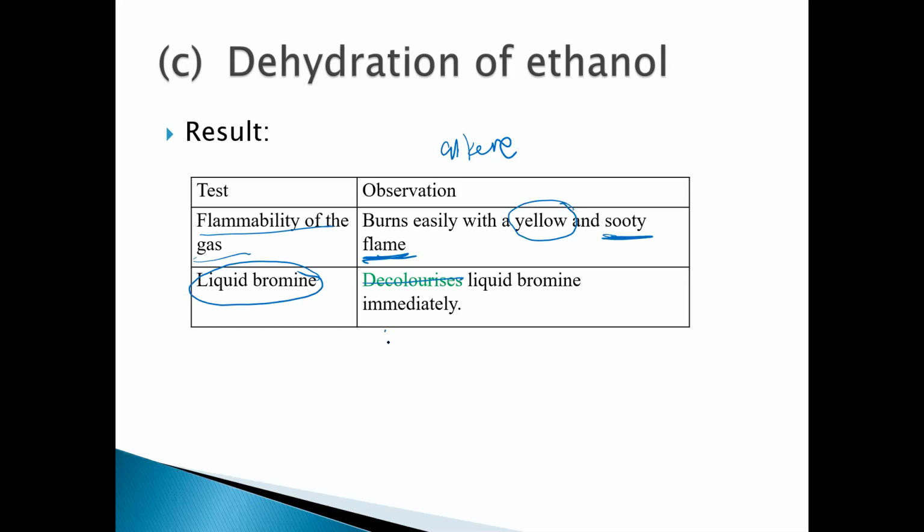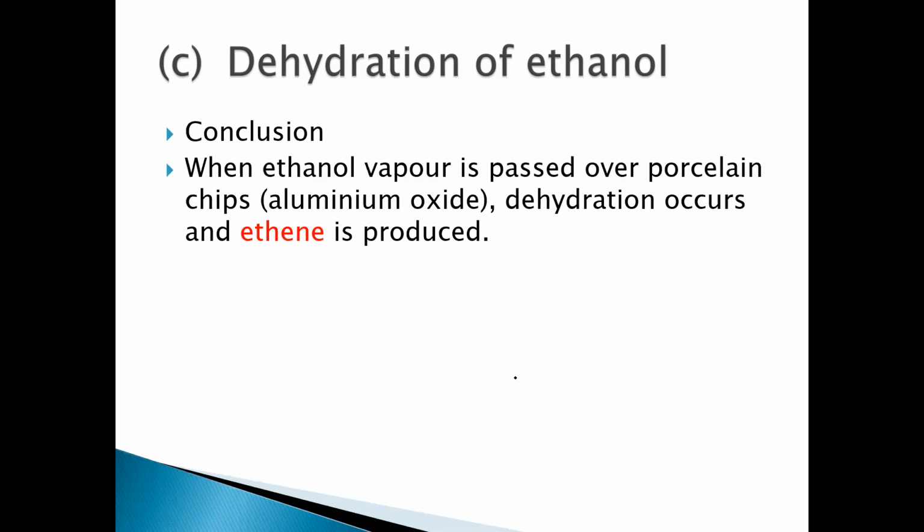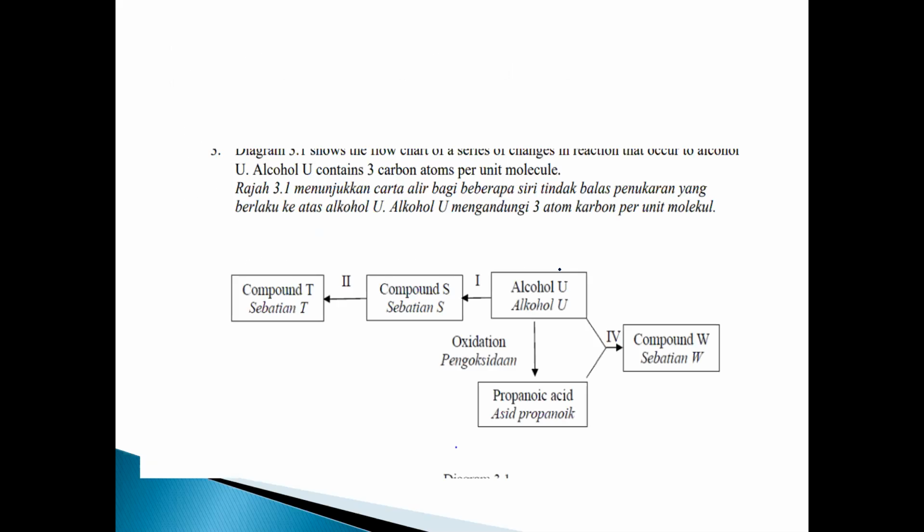Brown. Yes. Brown bromine water turns colorless. You got that? Okay, so when ethanol passes through the porcelain chips, ethene is produced.